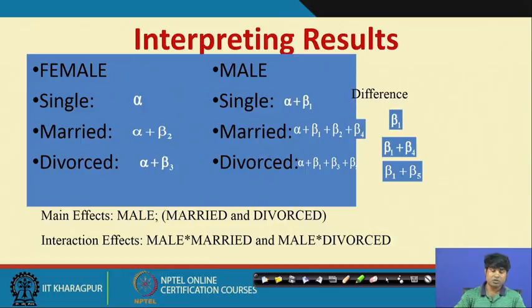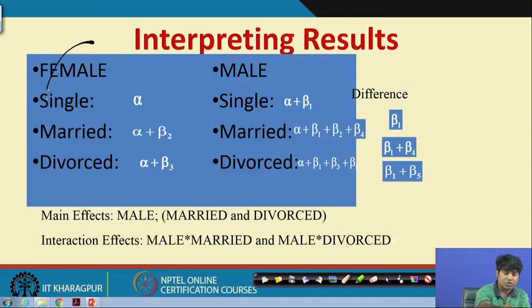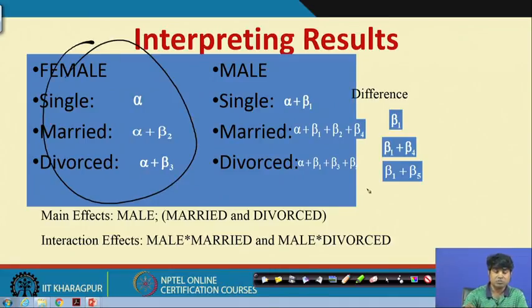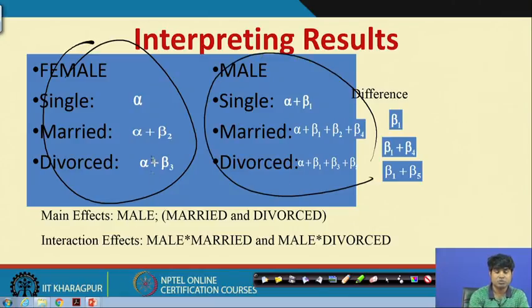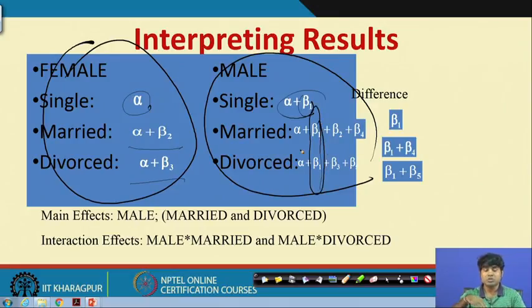So here is a clear-cut case, and after seeing it you can easily understand the difference. This is the female impact and this is the male impact. For the female case, only alpha, and for male, alpha and beta 1, so beta 1 is extra added here. Then alpha beta 2 for the marital status case and alpha beta 3 for the divorce case. By default, beta 1 is added every time, because that is the signal about gender.